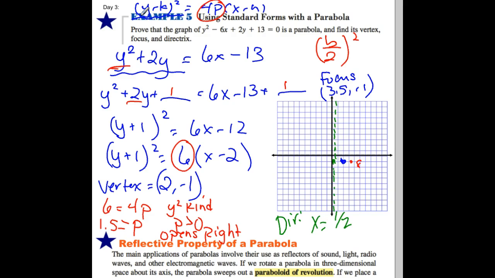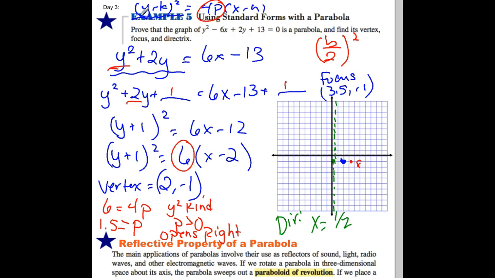But a quick review, if they wanted us to actually graph this, what else would we want to do? Yeah, we need to use that focal width, right? The chord through the focus. How long is the focal width? It's 6 from our equation, that 4p piece. So if it's 6 long, then we cut it in half, right? We want half on one side, half on the other side.